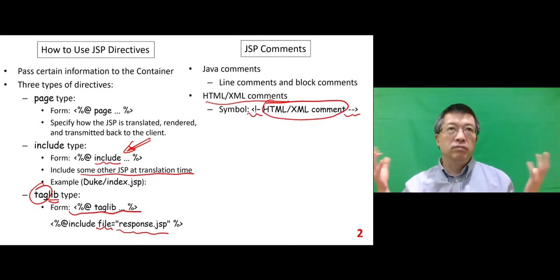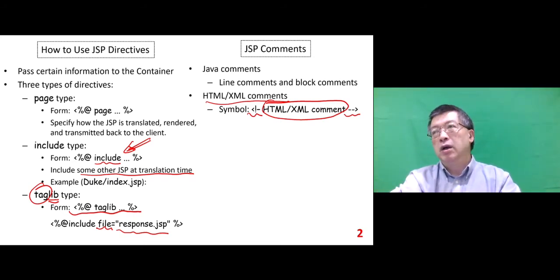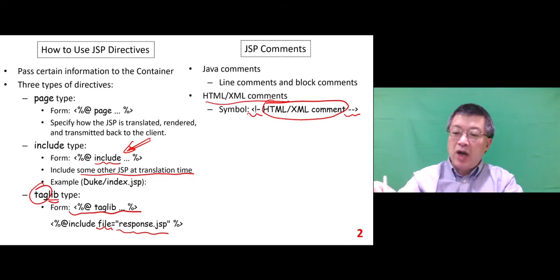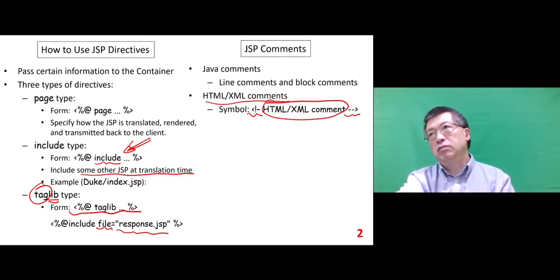Although including internal people. But for Java comments, external people never look at it. Only internal people look at that. But HTML comments, both external and internal people can see it.